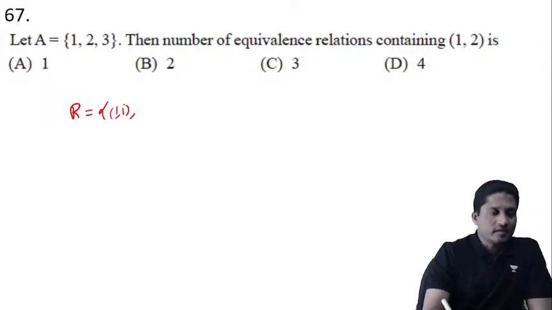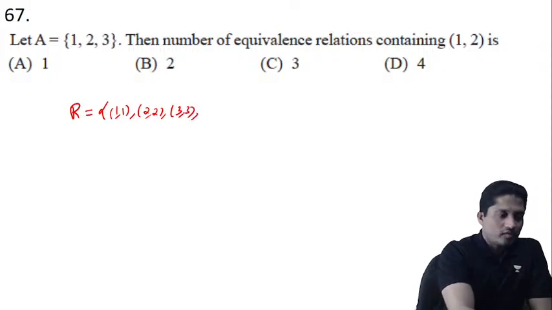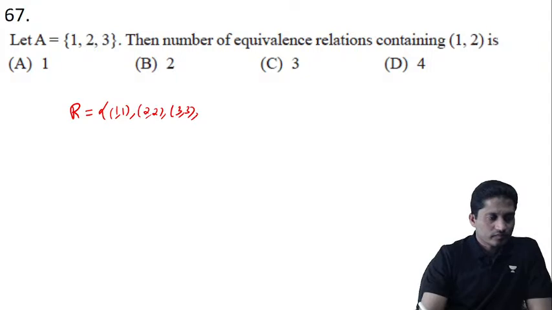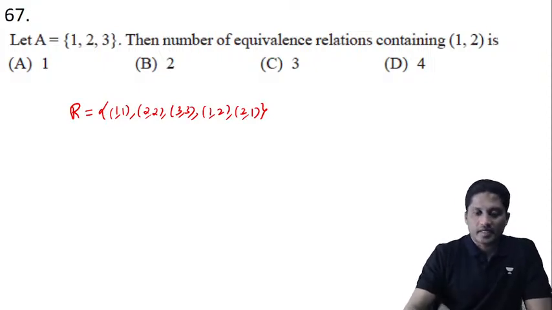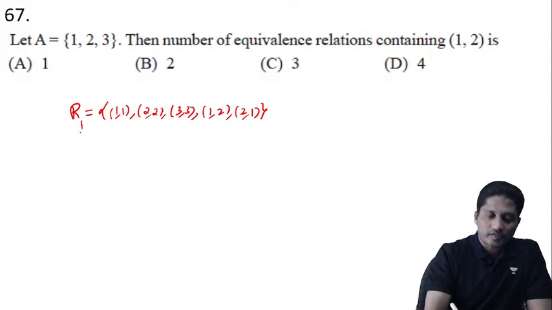So (1, 1), (2, 2), (3, 3), and now I have (1, 2) and (2, 1). Alright, now this is reflexive, symmetric and transitive. This is an equivalence relation. This is the first one.